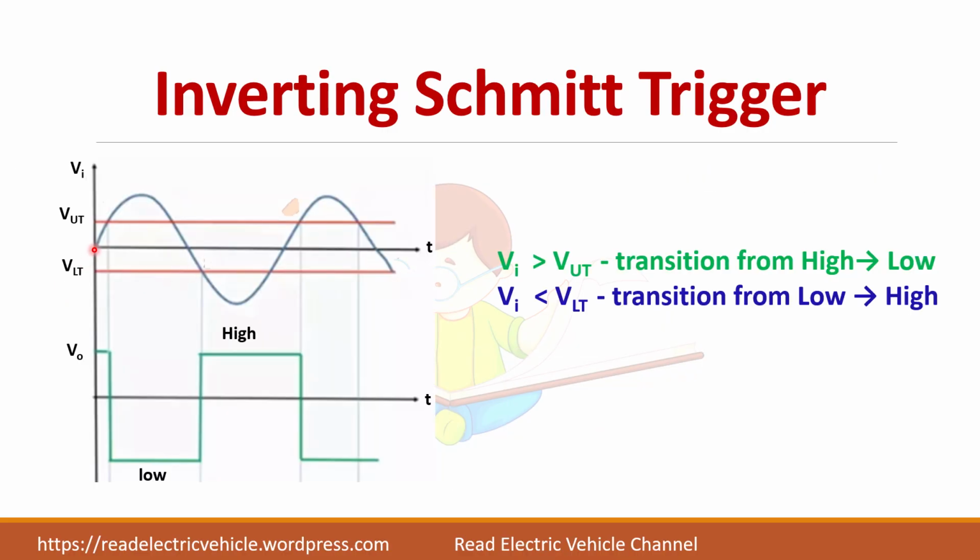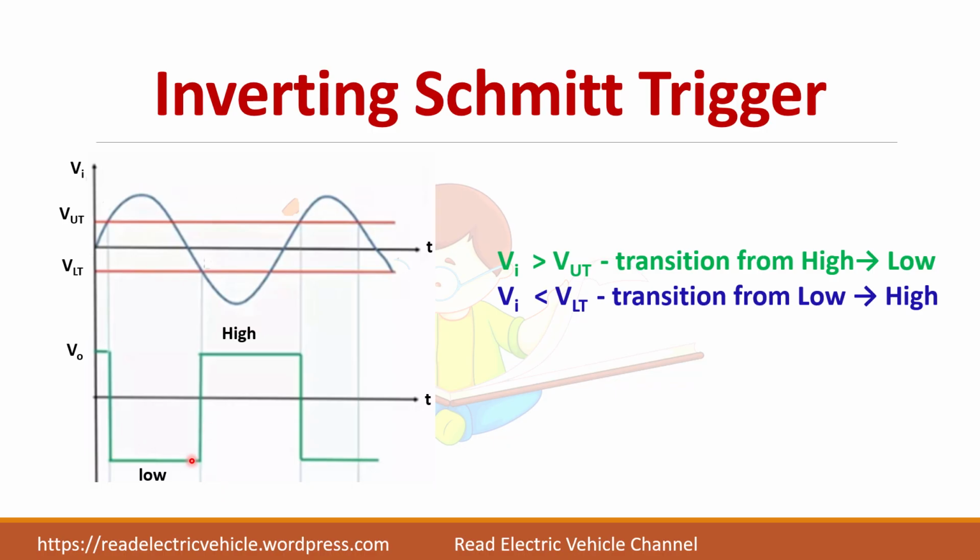Now let us see what happens if the input is a sine waveform. Okay. So here you see initially the output is a high value and we have two thresholds, upper threshold and lower threshold. So when the input increases above the upper threshold, as in the first case, the output moves from high to low. So from a high value, it jumps to a low value.